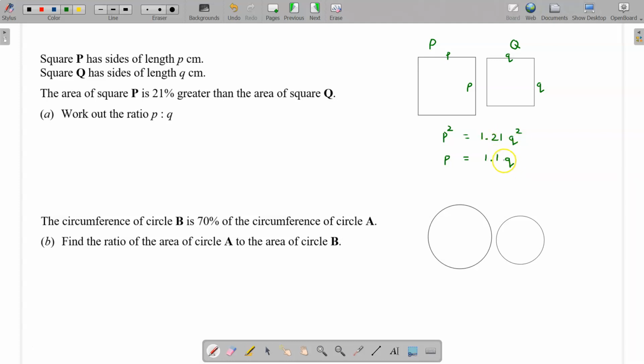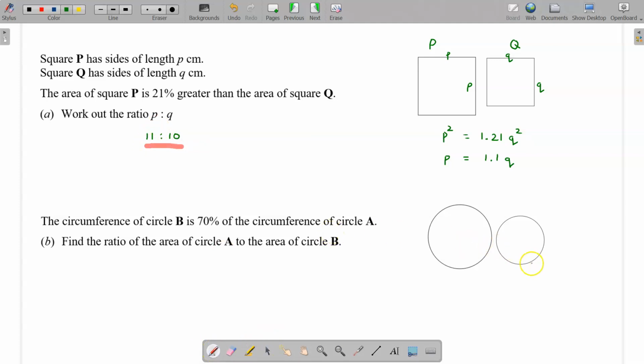The ratio P to Q is therefore 11 to 10 in simplest form, and that's the answer to the first part of that question.